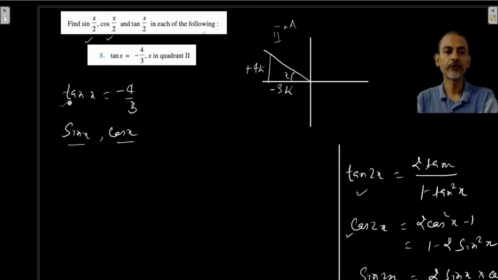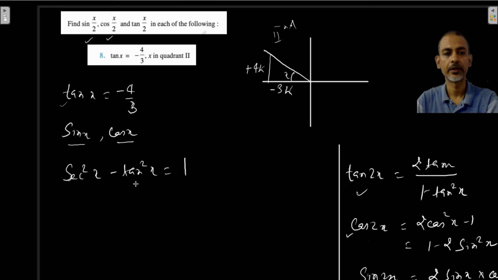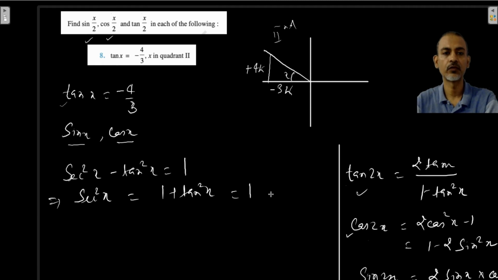So if we know the value of tan x, what we used to do earlier, if you remember, was sec square x minus tan square x equals 1. So sec square x equals 1 plus tan square x, and we have 1 plus minus 4 by 3 whole square, that is 1 plus 16 by 9, which is actually 25 by 9.